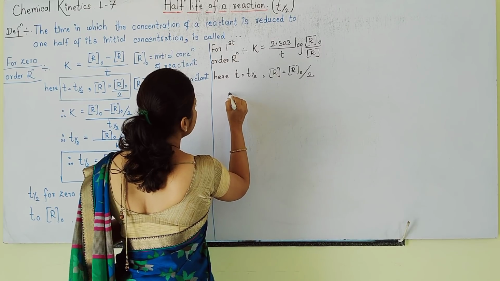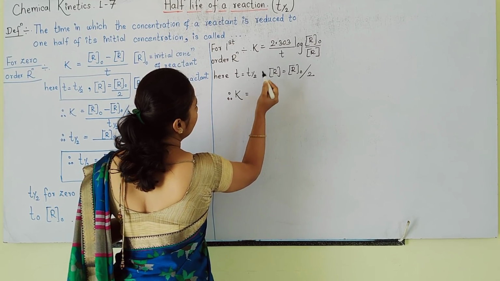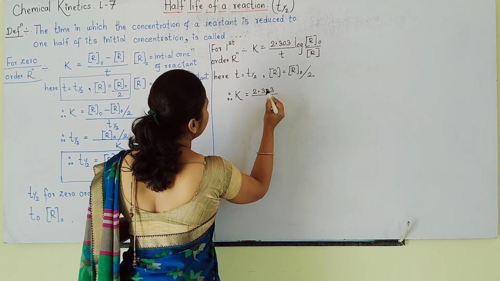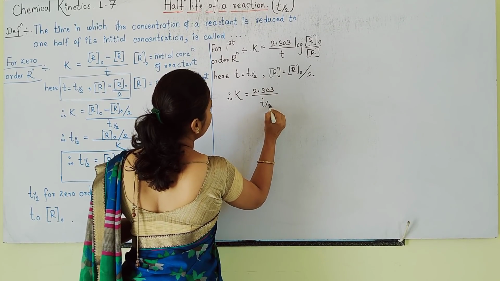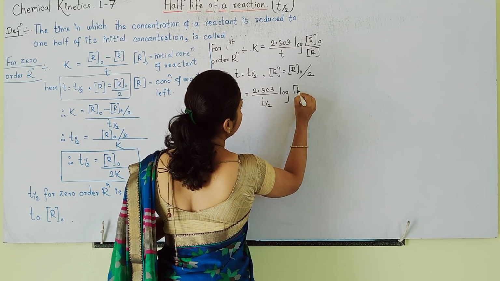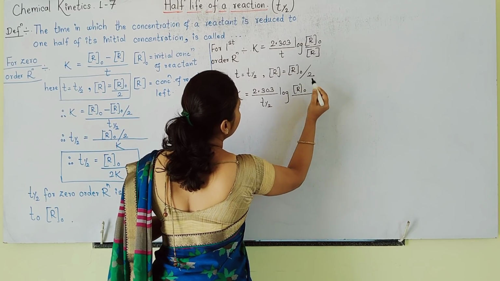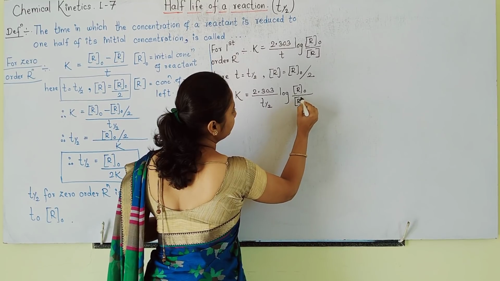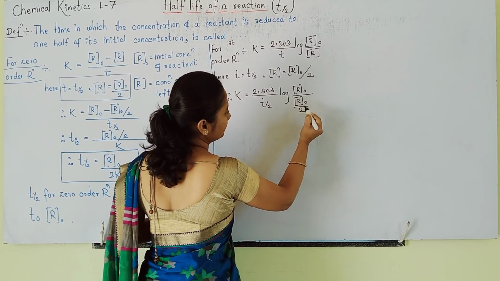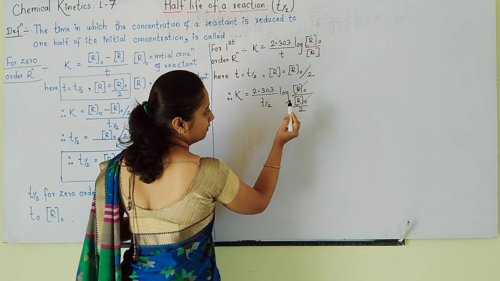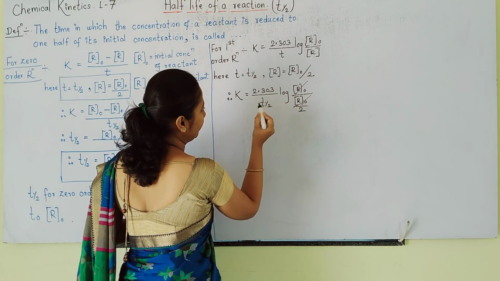Therefore I will write K is equal to 2.303 divided by T half, log of R naught divided by R, and R means R naught by 2. R naught got cancelled, the 2 will go upside, and it will become log 2.